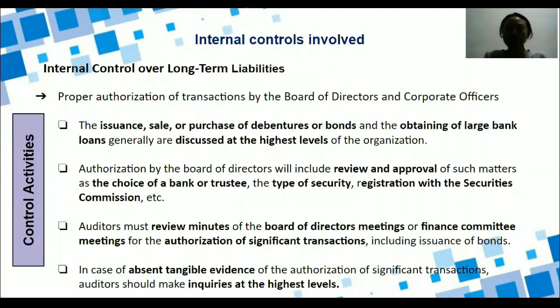As an auditor, we must review the minutes of meeting so that we can know about the authorization of significant transactions, including the issuance of bonds. Meaning that we need to know whether the authorization really occurs, whether they really follow the internal control.